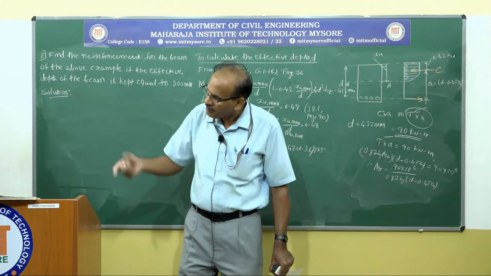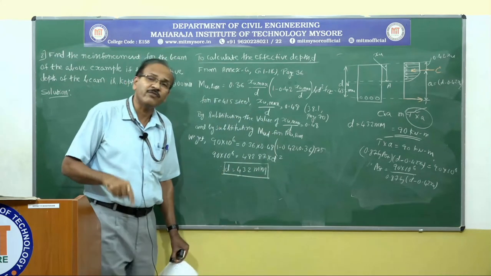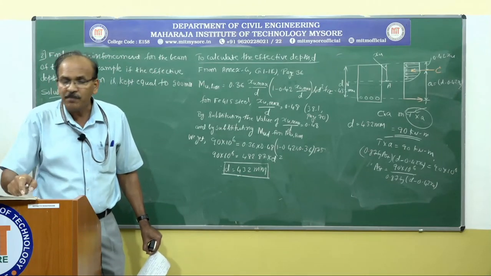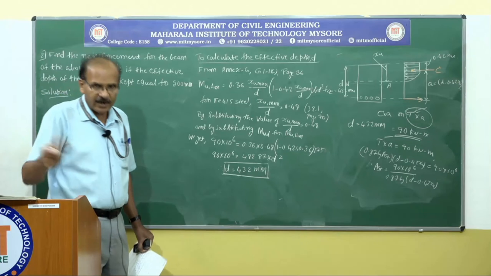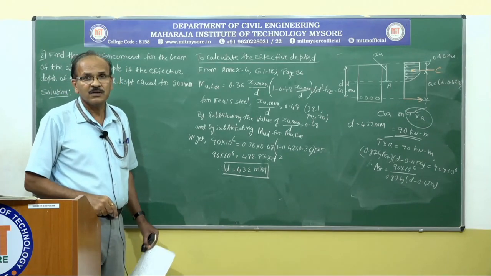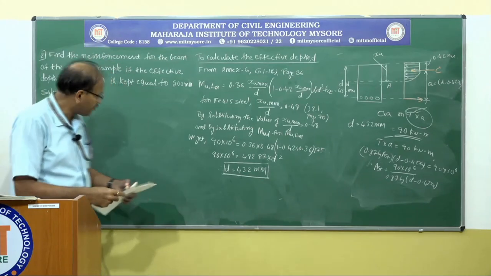Okay. So, once it becomes under reinforced, the formula we are going to make use of is G 1.1b under annexure G on page 96. Okay. With this, let us proceed.